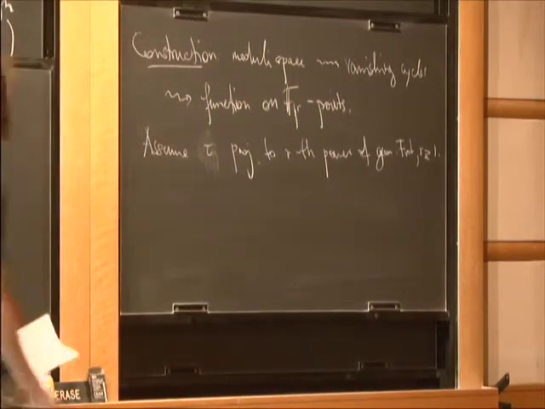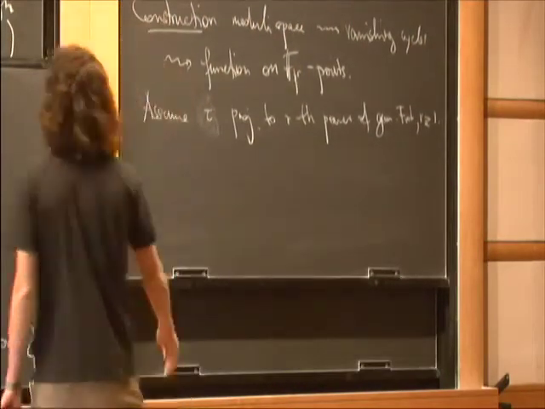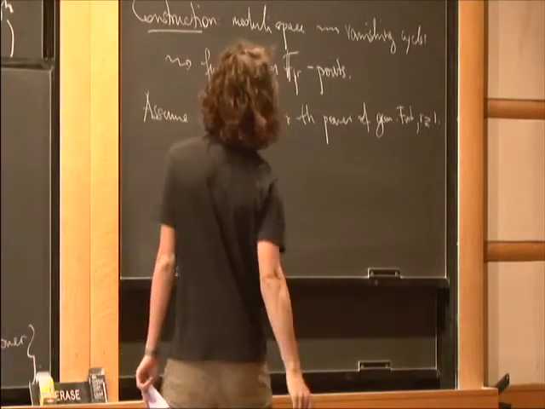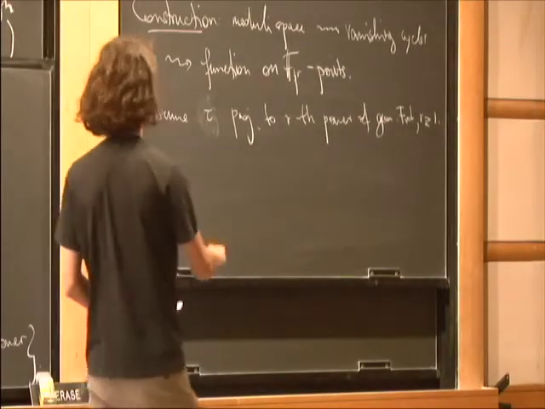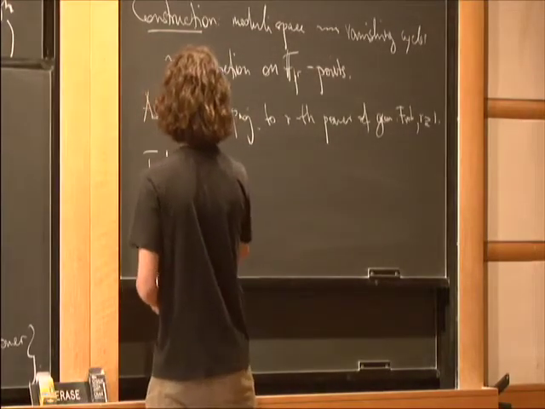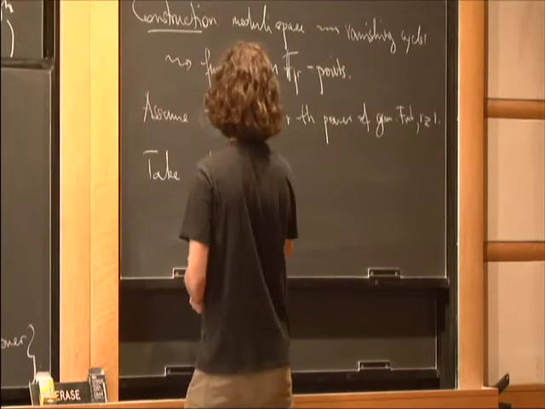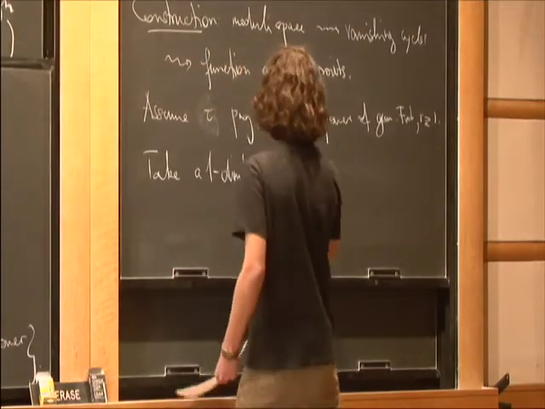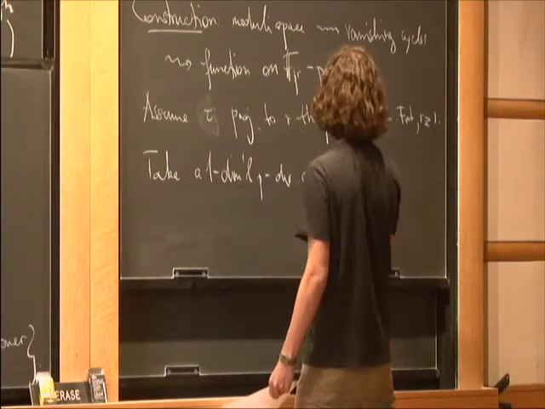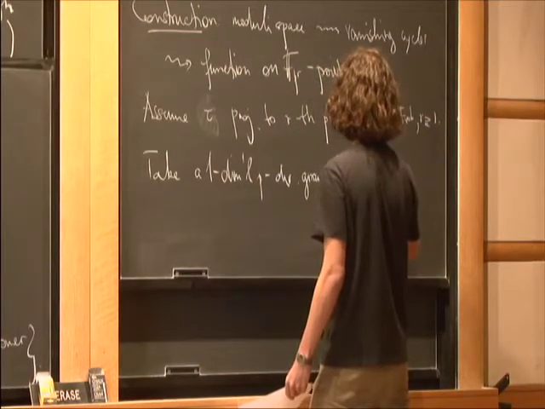Now an F_{p^r} point of this moduli problem is just given by a p-divisible group of the type we consider over F_{p^r}. So take a one-dimensional p-divisible group, which I call h bar, over F_{p^r} of height n.